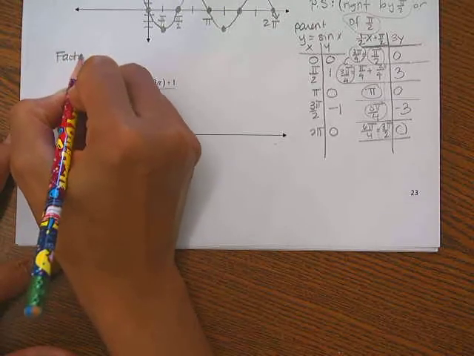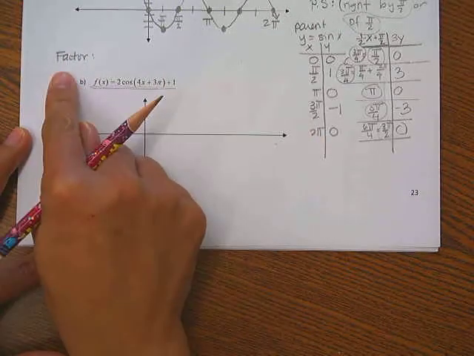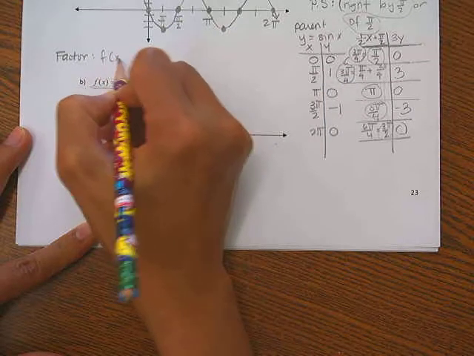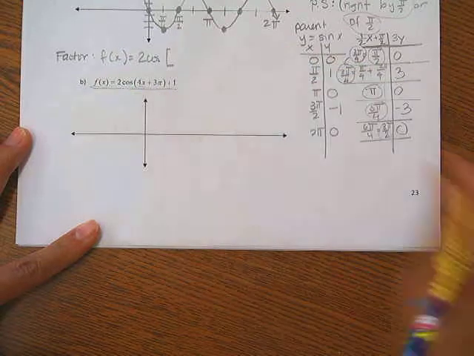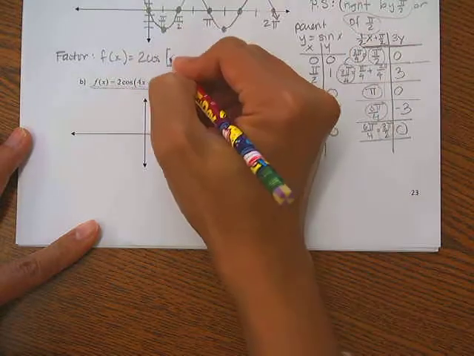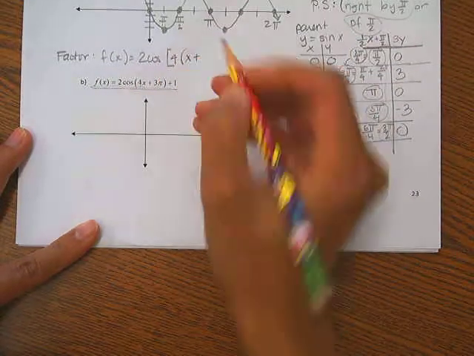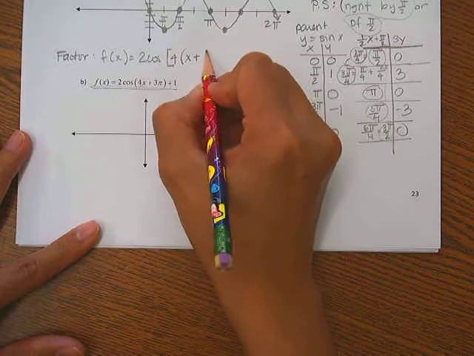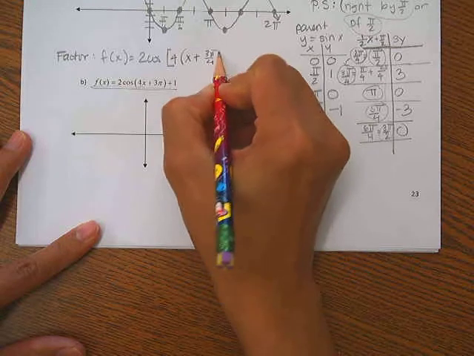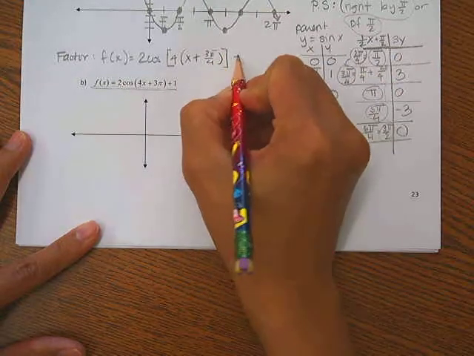Since I'm kind of running out of space, I'm just going to use this piece above. F of x equals 2 times cosine, big bracket, let me get a new pencil, 4 times x plus, right? If I'm dividing each and every term by 4, so this is really a 3 pi over 4. Close it with a square bracket, 2 plus 1.